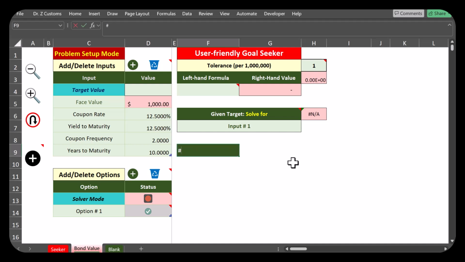Not coupon, coupon. Dollar coupon amount.